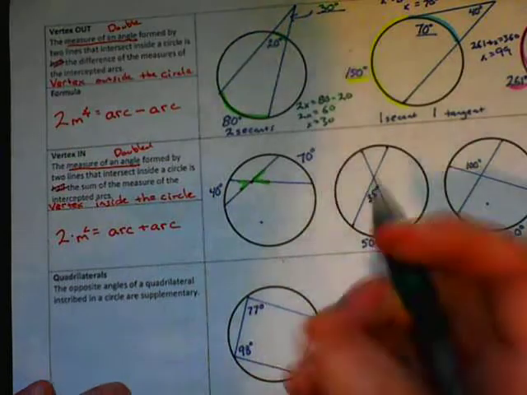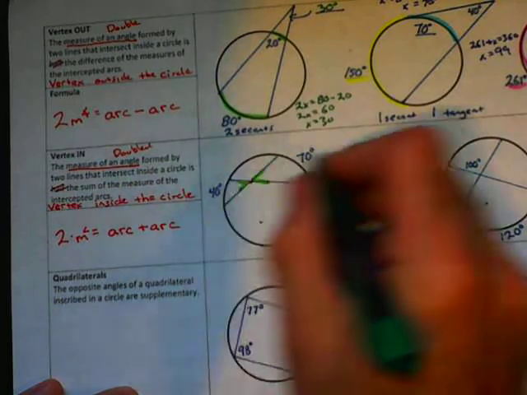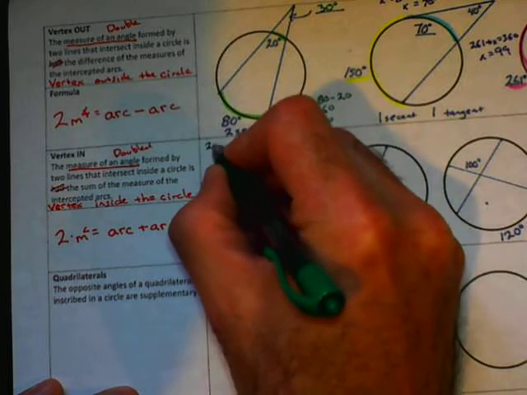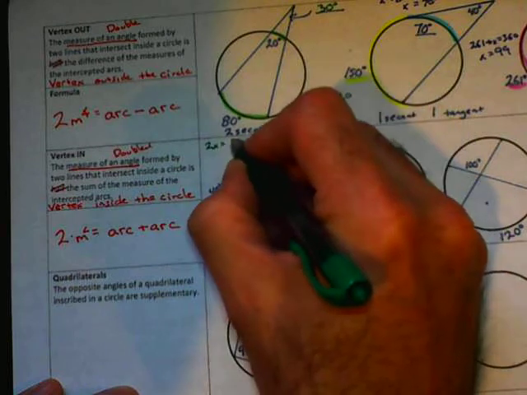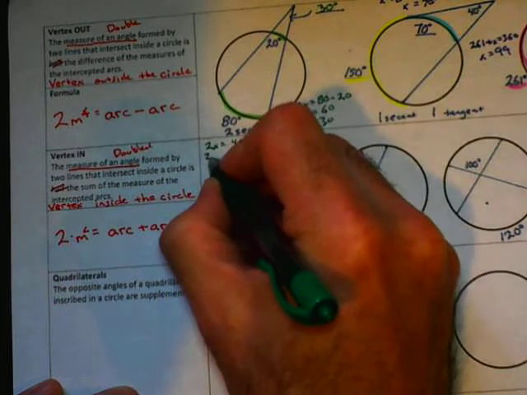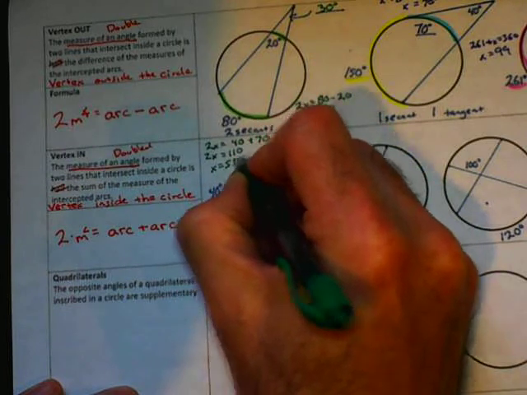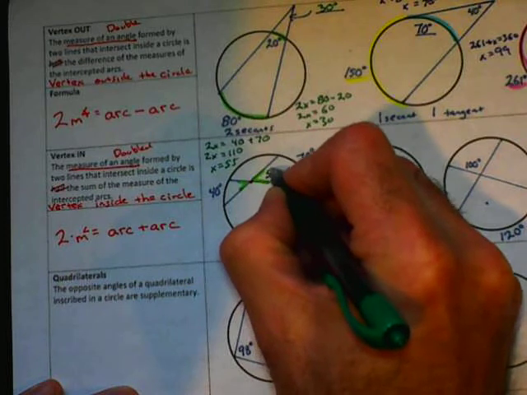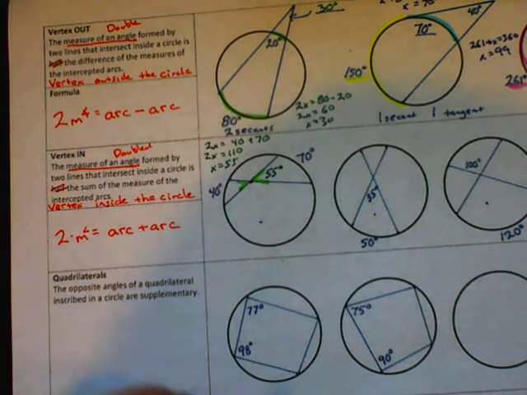So I'm going to say 2x equals the sum of these: this intercepted arc plus this intercepted arc, 40 plus 70. That's 2x equals 110, so x equals 55. Both those angles would be 55 degrees.